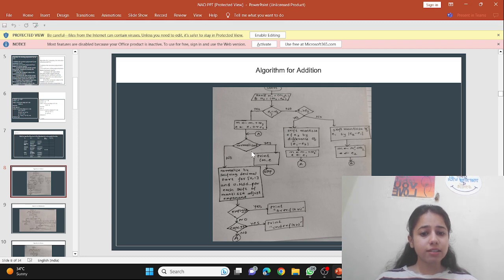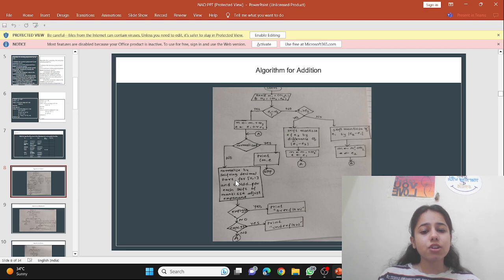Then normalized. If we have to normalize this, yes, print m e and stop. No, then normalize, we have to see that it is normalized or not. If it is not normalized, then we'll go to the no, and if it is normalized, then yes.